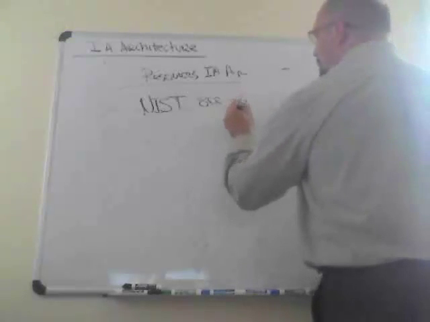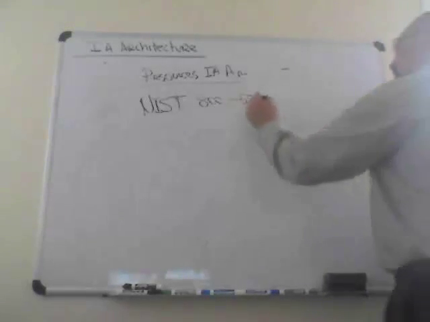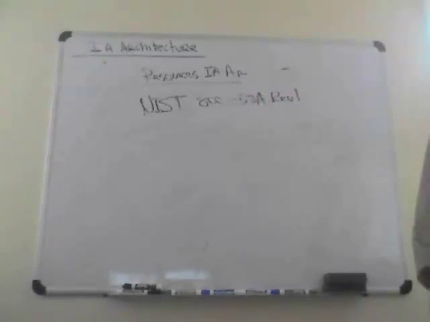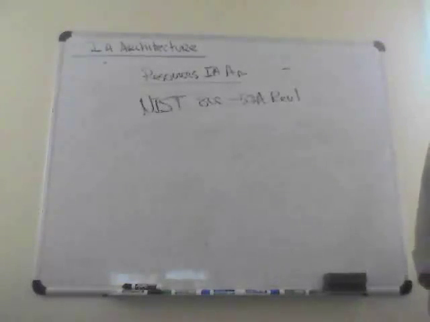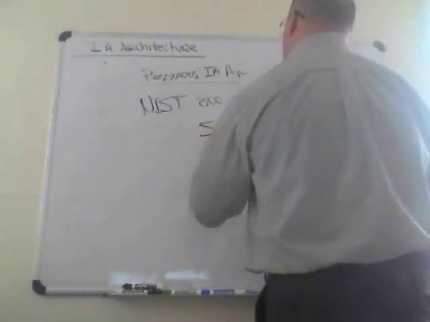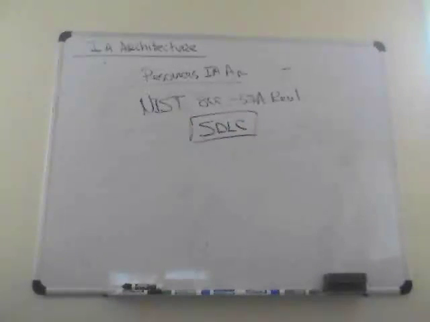800-53, 53A, revision 1, talks about recommended security controls for federal information systems. And really, we're talking about the system development lifecycle here. Should sound familiar to you. This is a helpful approach to security assessment for information systems.